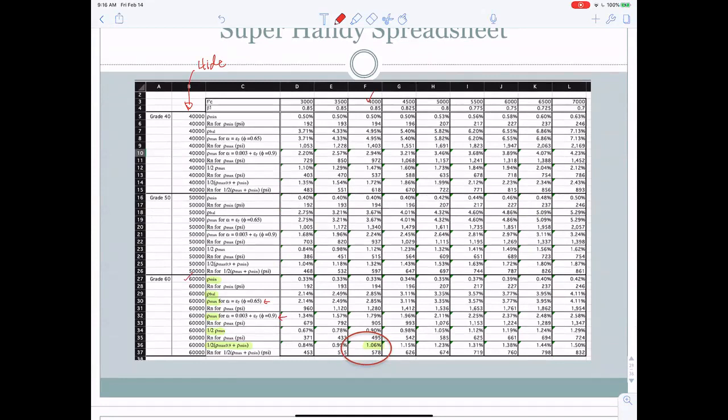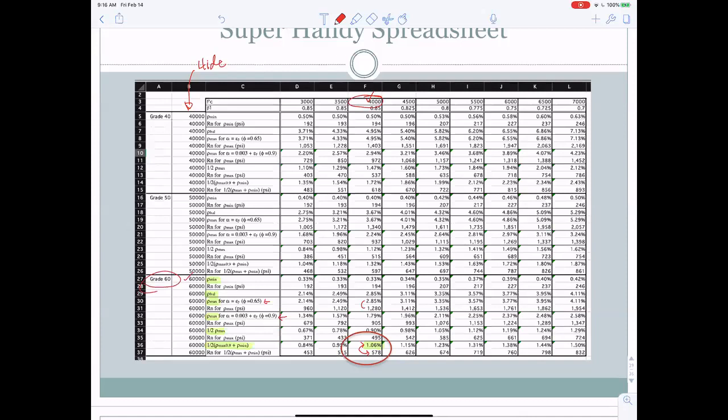And so what I've done for every rho, I've calculated the Rn for it in psi. So you don't even have to do that calculation. To start the problem, you go, I want f'c is 4,000. I want grade 60.